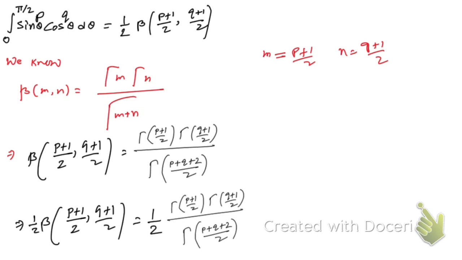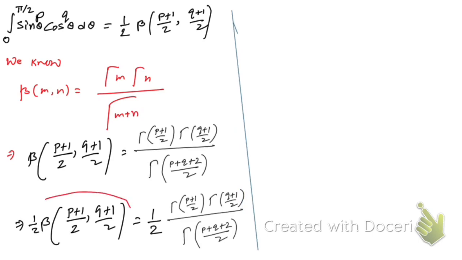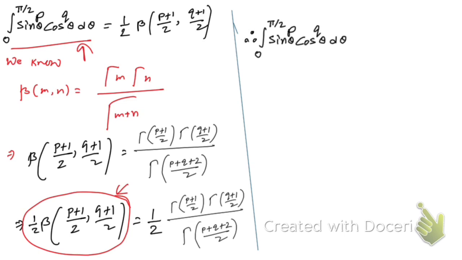Now you see, this is nothing but this one. So we can replace this by this, and therefore we will get what we're going to have on the left hand side. This is suppose equation number 2.